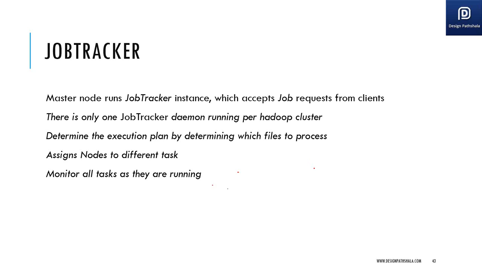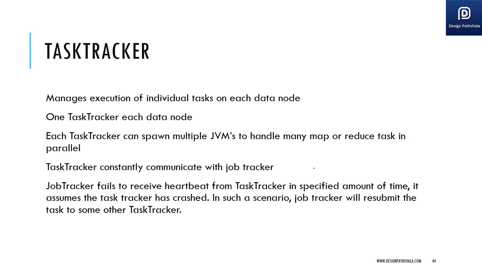So the job tracker is the one that tracks the whole life cycle of the job and does all the bookkeeping activities required to maintain the life cycle of the whole job, and assigns the tasks to the corresponding task trackers running on the data nodes where the real data is lying. The task trackers spawn multiple JVMs to trigger your map or reduce logic, and those JVMs process the blocks of the file lying individually on the data nodes.